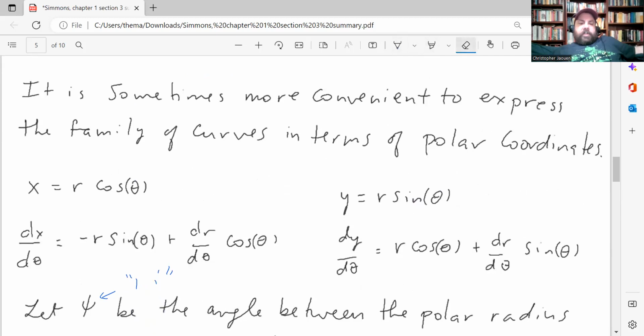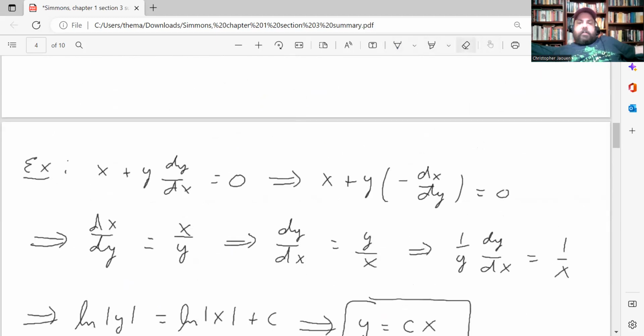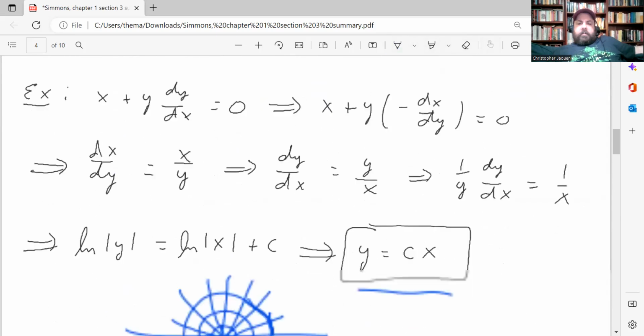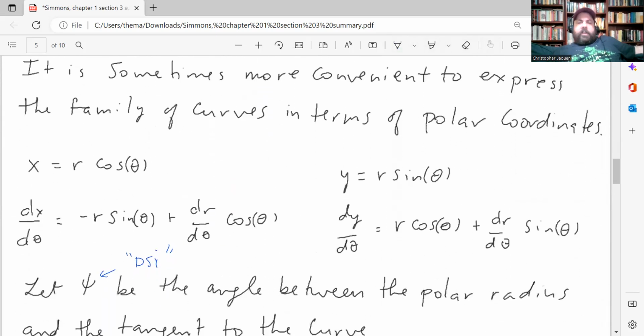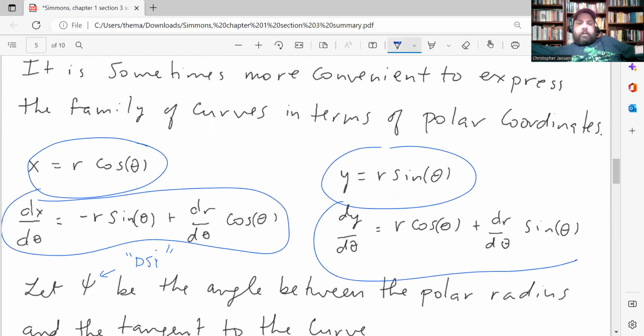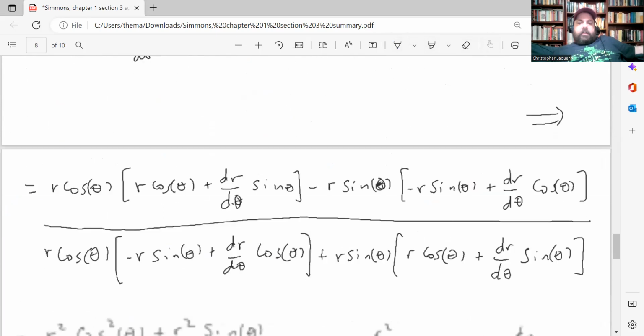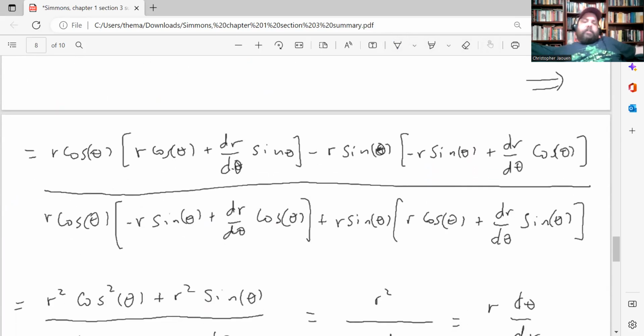So this should have been psi here. So replacing everything, where did I write it? Oh, over here. Replacing everything with these formulas in terms of r and theta, we end up with this, which we can simplify.